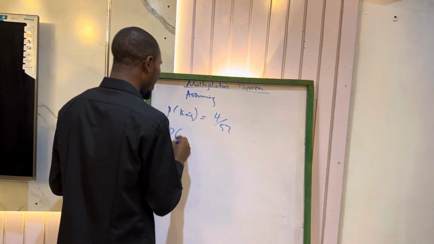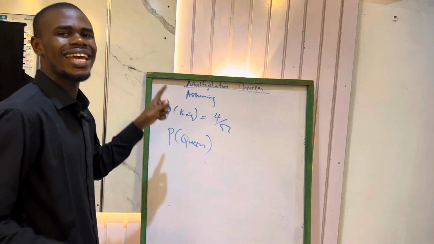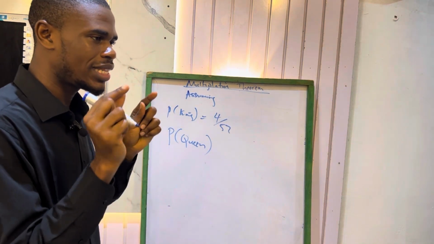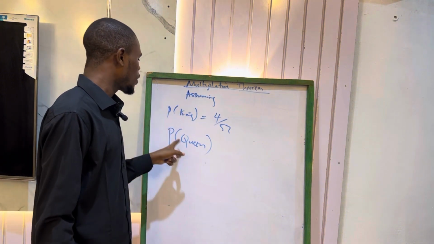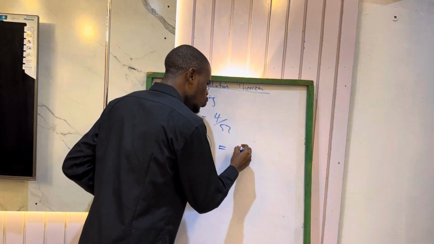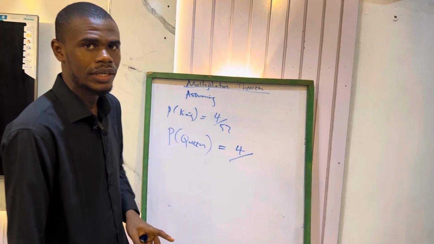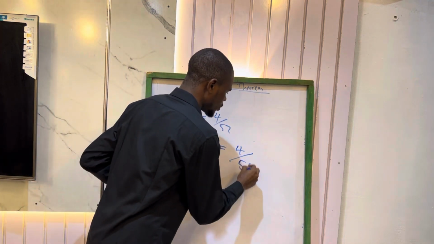Since we are looking for the probability of getting a king and a queen, be very intentional about the tenses I use. The probability of a queen will be 4, but the total number of cards left will be 51, because we have already picked one before for the king. So it will be 51.